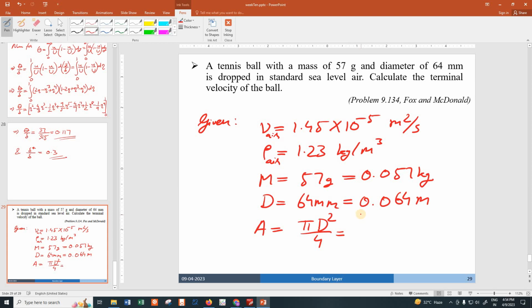Let me do the calculation: pi into 0.064 squared divided by 4 is 0.00322 meter squared.